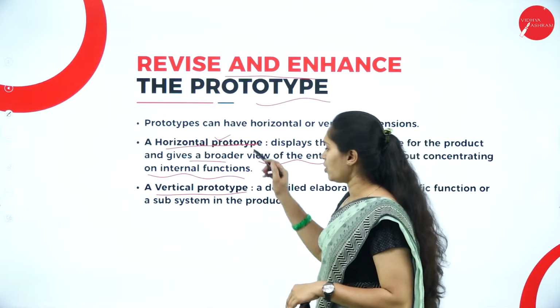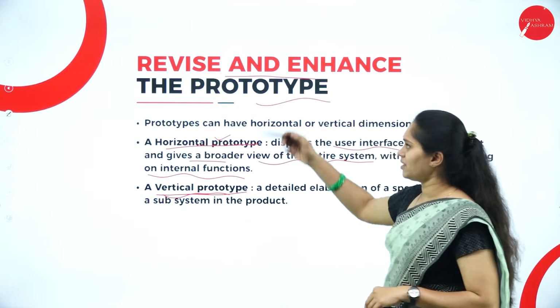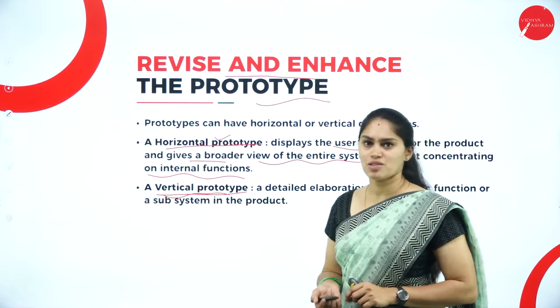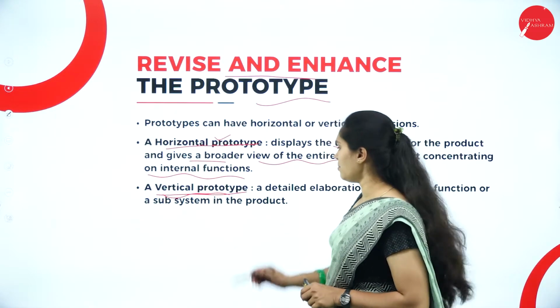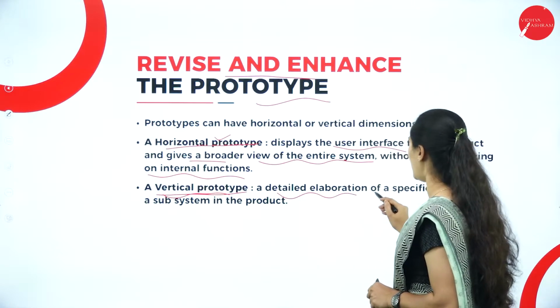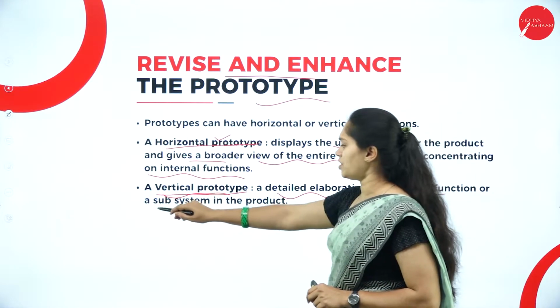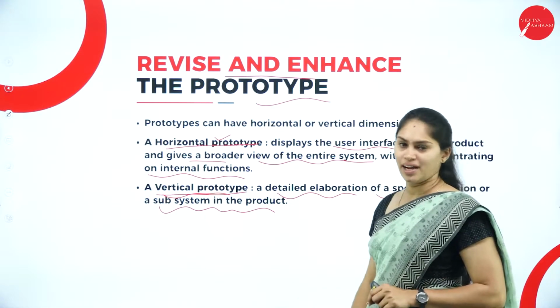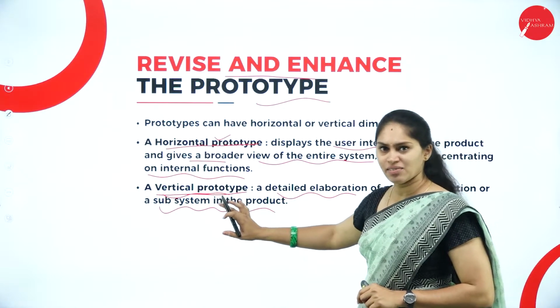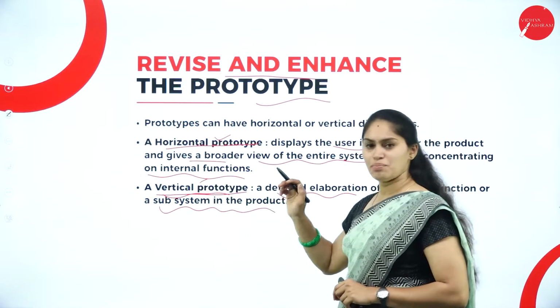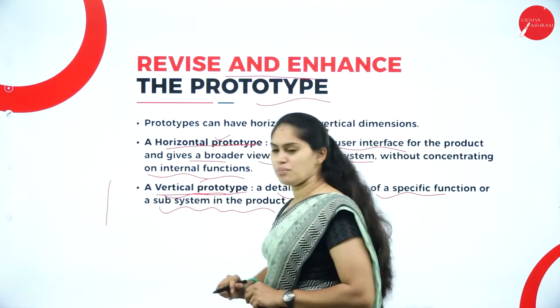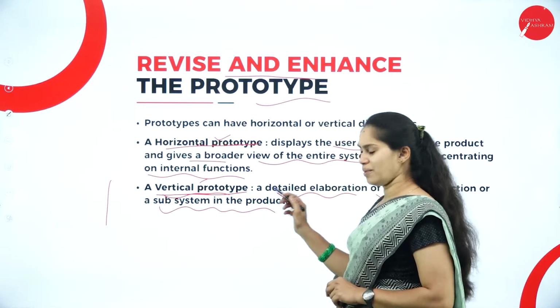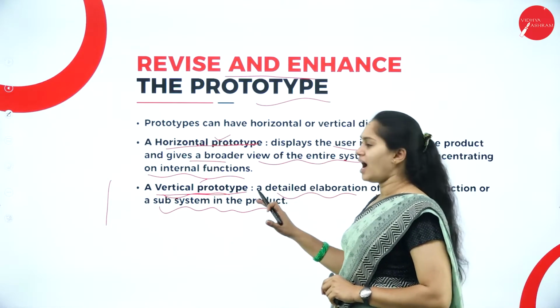Then in the vertical prototype, in terms of revising and enhancing the performance of the prototype, they go into a detailed elaboration of a specific function or a subsystem in the product. So here functionality will be focused on and identified, right?